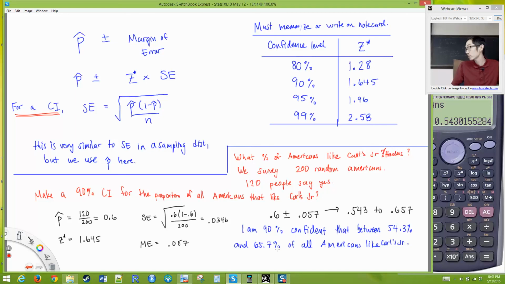So we can say something like, 70% is not within the interval. So we have evidence that the percentage of Americans who like Carl's Jr. is not 70%.